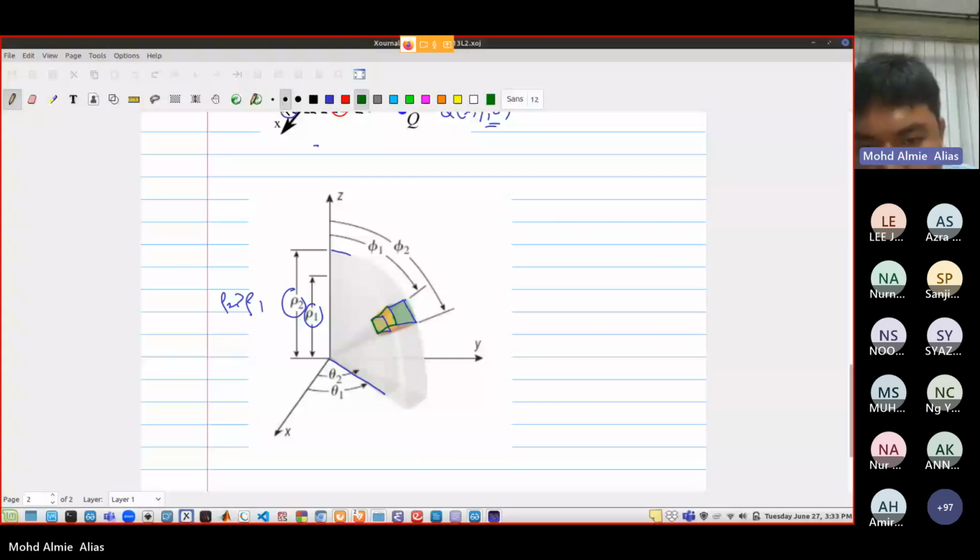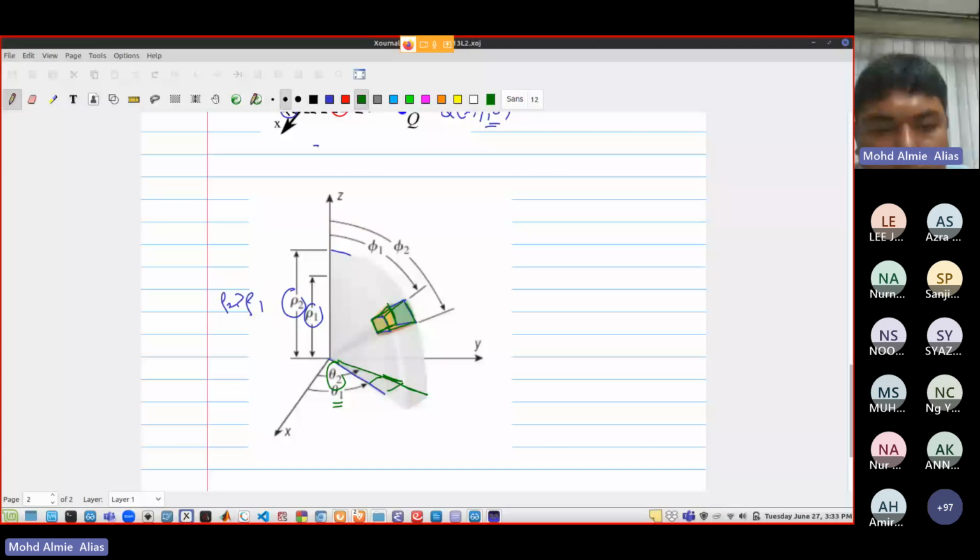So the angle for the left surface of the spherical wedge is theta 1. Similarly, you have another surface, the right surface of the wedge, which comes from theta 2. Because theta 2 is here, and if you project the right surface, you can see it's actually here.